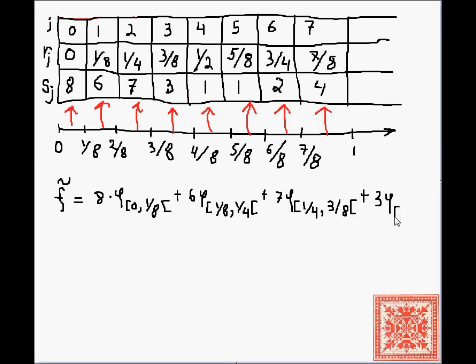Then 3 times another stair step represented by phi from 3 over 8 included to 1 over 2 excluded, plus 1. Okay, so 1, 2, 3, 4.